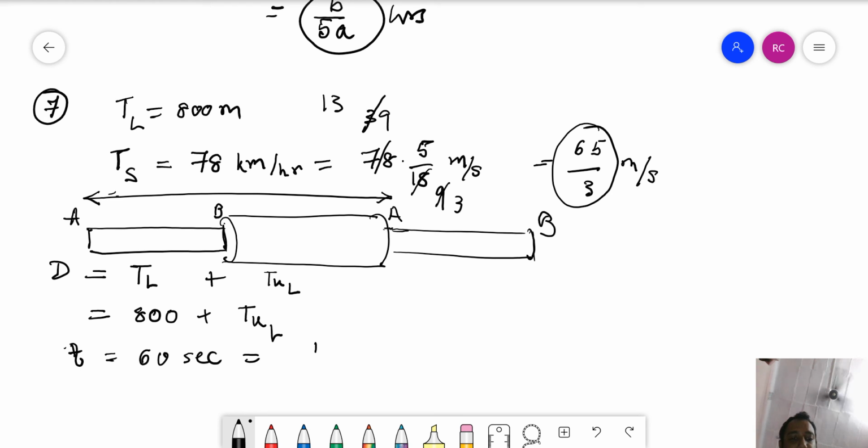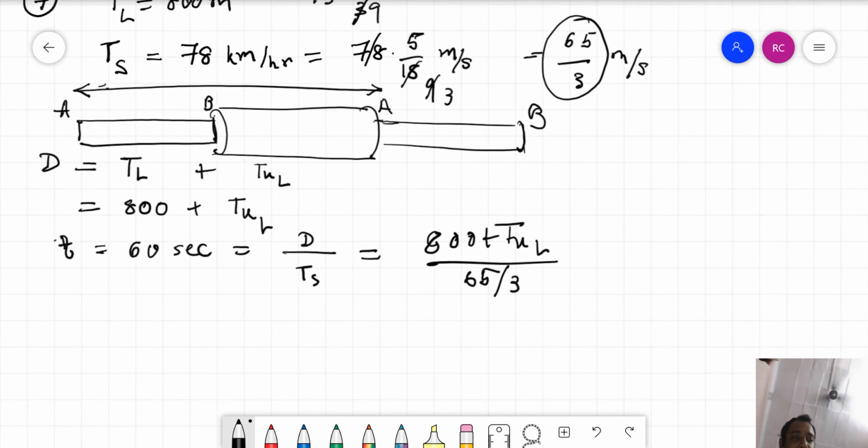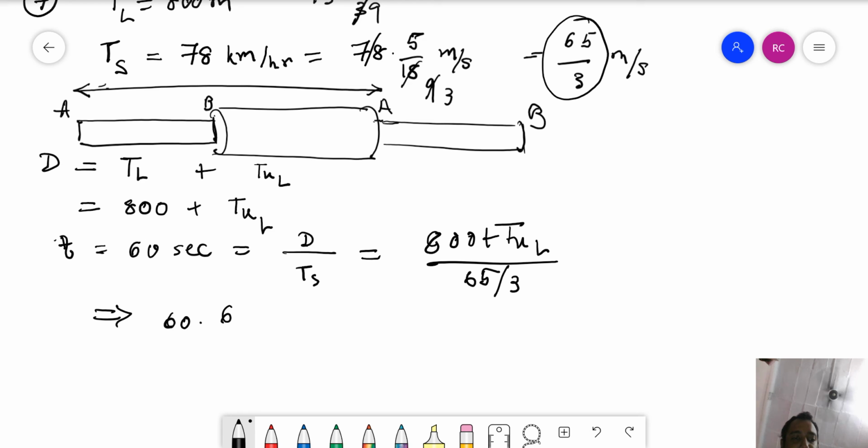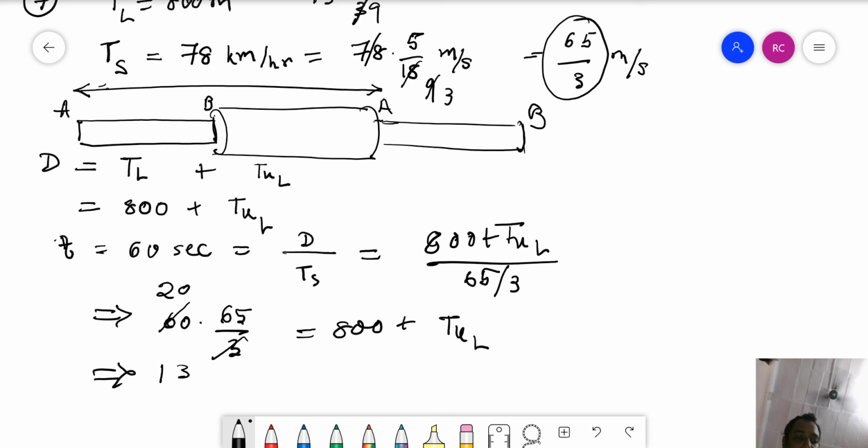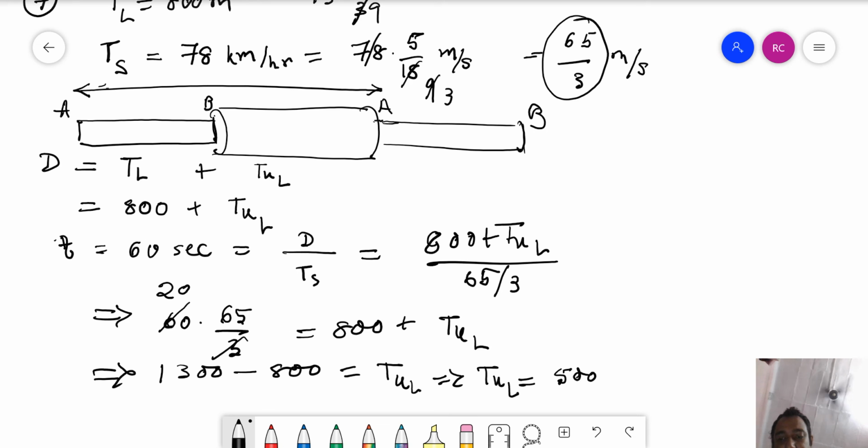So time is given by distance divided by speed, which is 800 plus tunnel length divided by speed, and that gives us the tunnel length, we come to 500 meters.